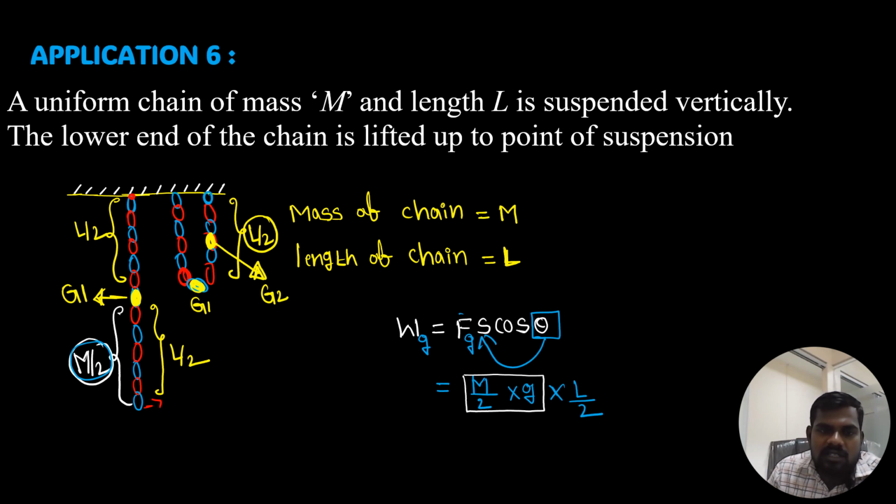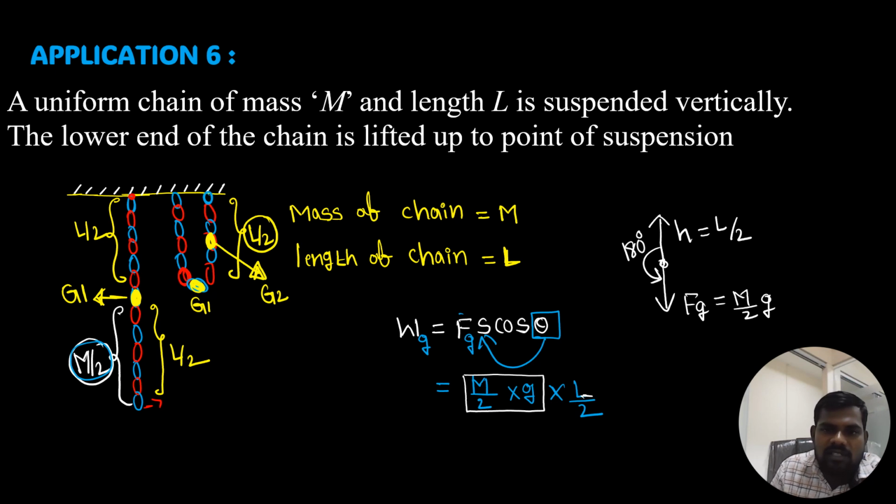The displacement is upward, that is the height L by 2, and the gravitational force Fg equals M by 2 into g is acting downward. Both are in opposite directions, so the angle is 180 degrees. So cos 180 is minus 1.